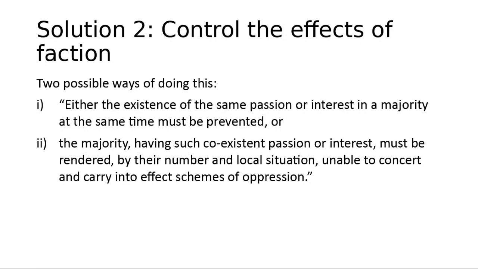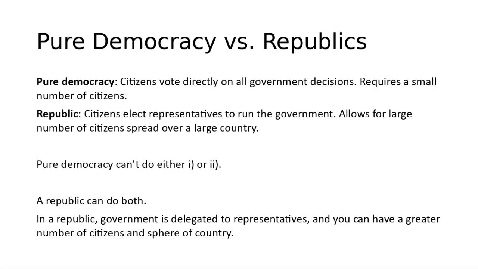In other words, another way to control the effects of faction is if the majority is spread over such a wide area and there's such a large number that they can't pull off some kind of scheme or conspiracy to oppress the minority. These are going to be the routes that Madison pursues, that he thinks are available in a republic which is spread over a large country and a large body. All right, so let's explore this a little bit more.